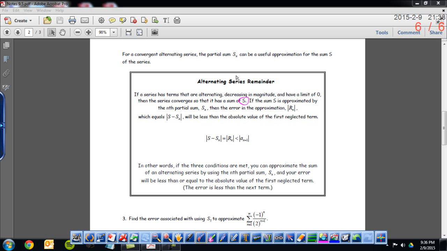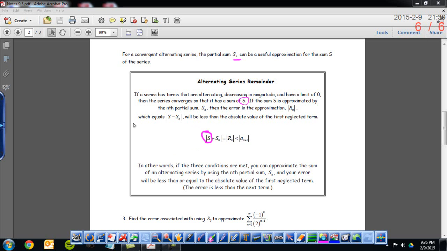The partial sum S sub n is the sum of the first n terms. If I wanted to find S sub 4, then I would be finding the sum of the first 4 terms. All right, so let me explain this formula and then we'll talk about it a little bit more.